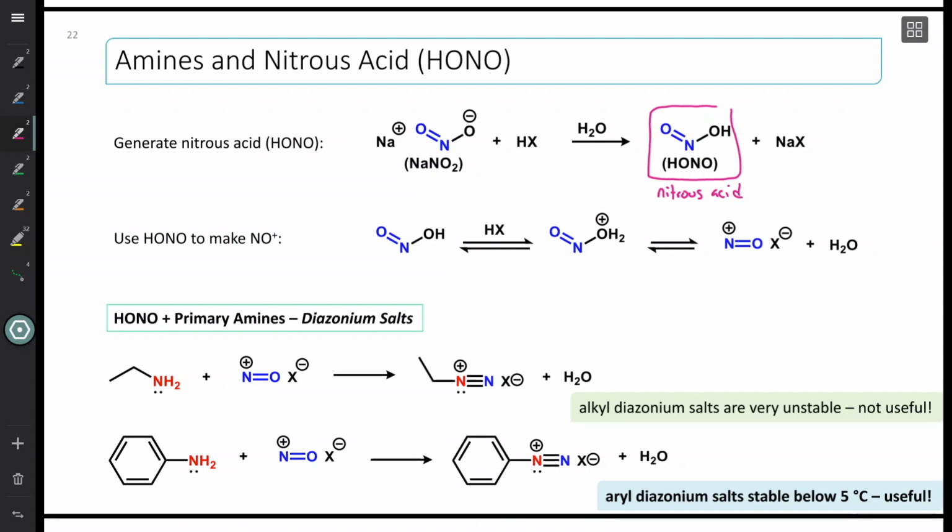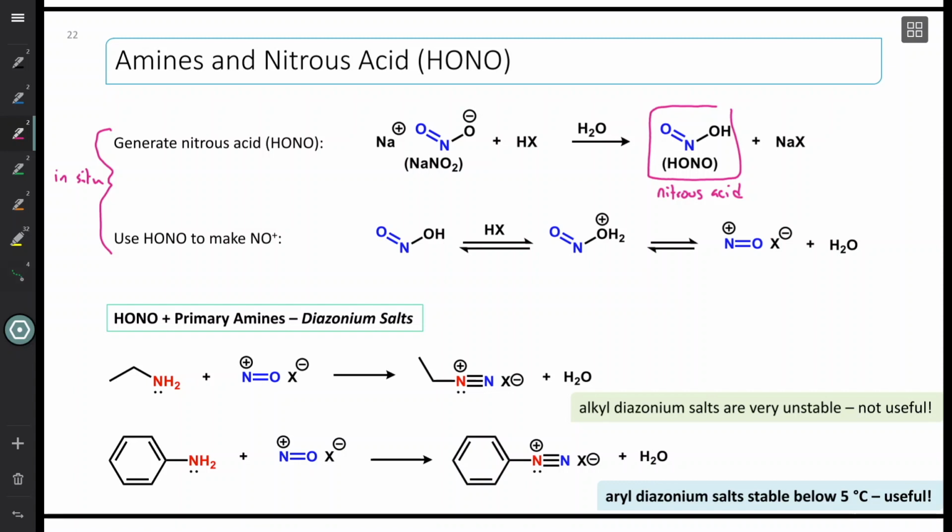So whenever you see one of these reactions, you're generating your electrophile in situ. That means, in the reaction pot. But here's a quick overview of what's happening.